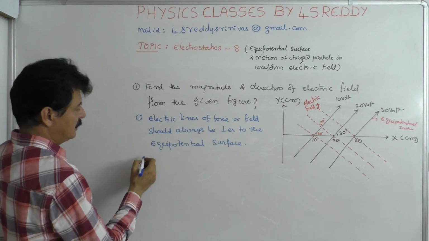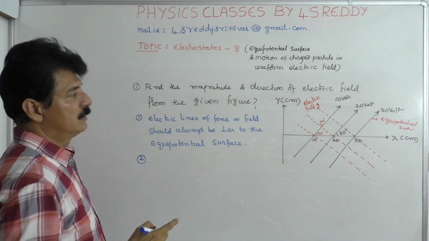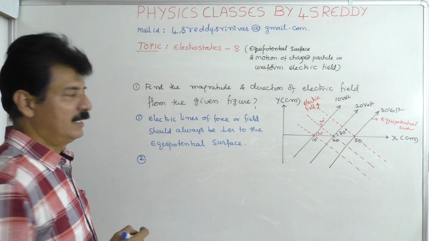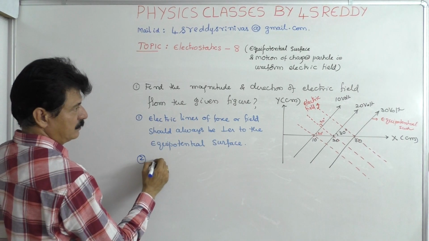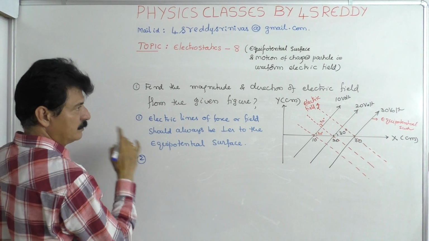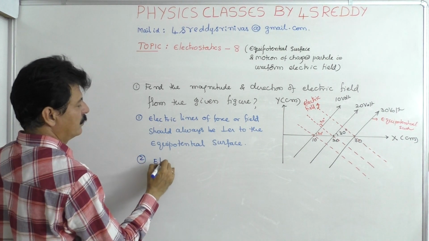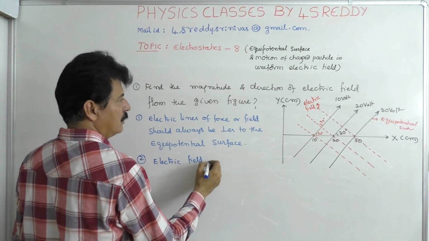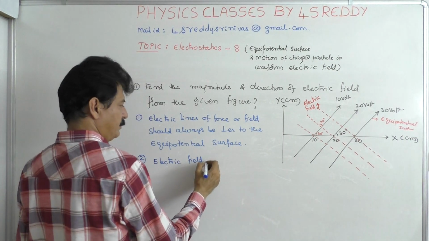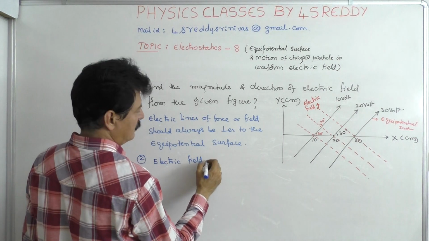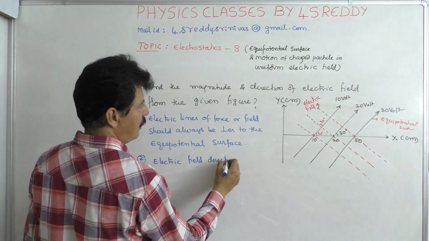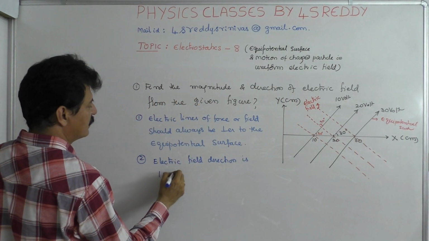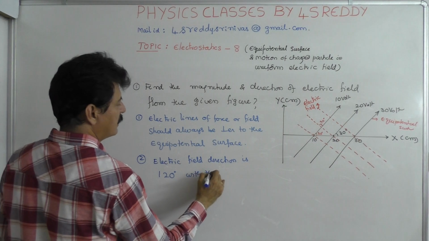Now, the second point here is the direction of the electric field with the x-axis. The electric field direction is 120 degrees with the x-axis.